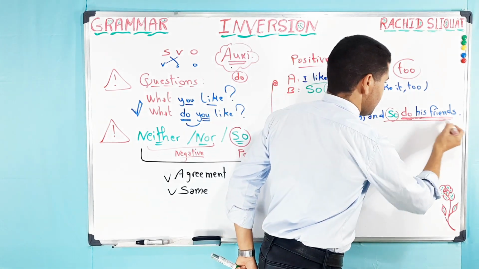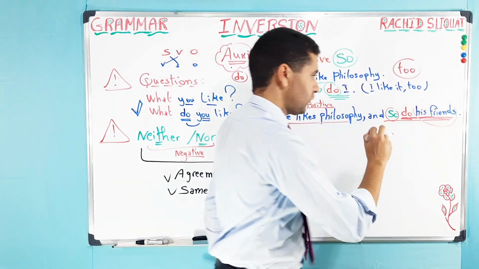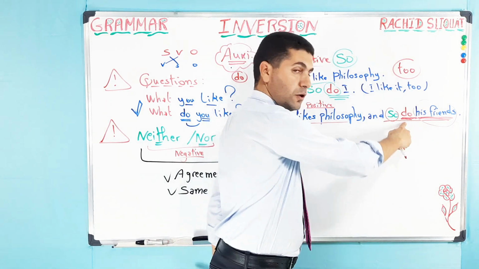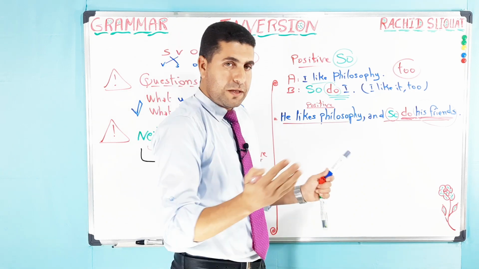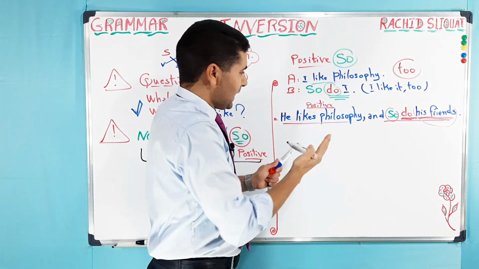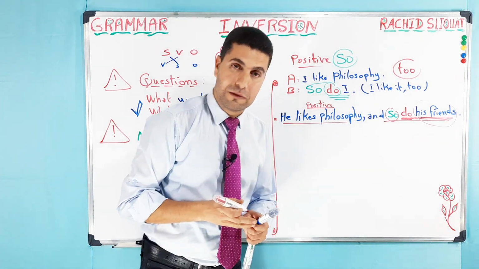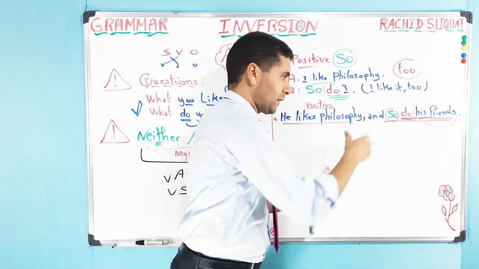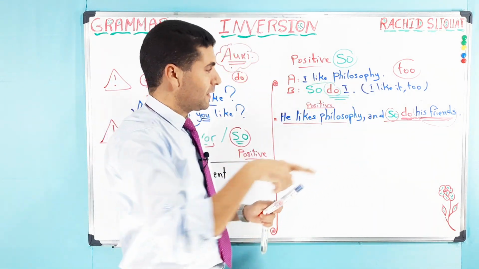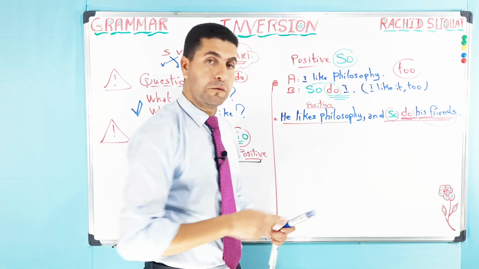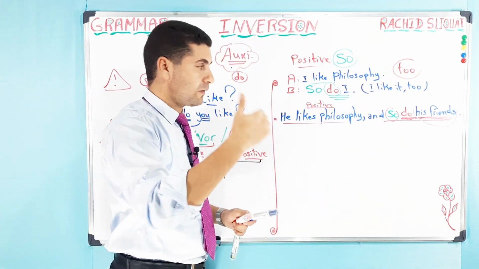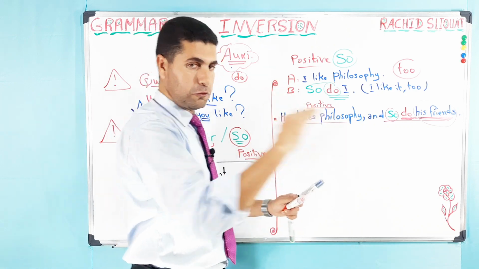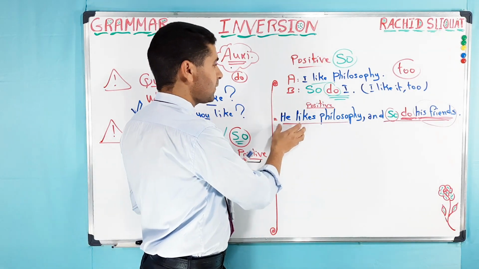So there is inversion of the auxiliary and the subject. What does it mean? "He likes philosophy and so do his friends" means that his friends like philosophy too. So this is case number two.